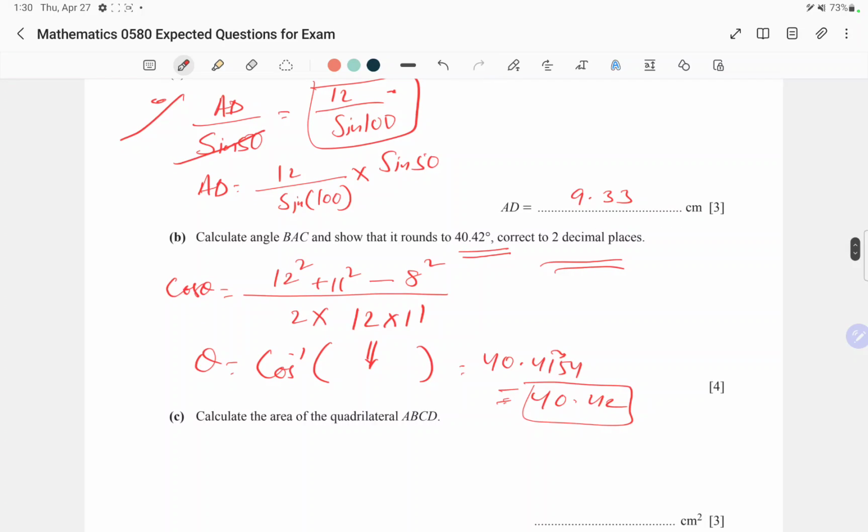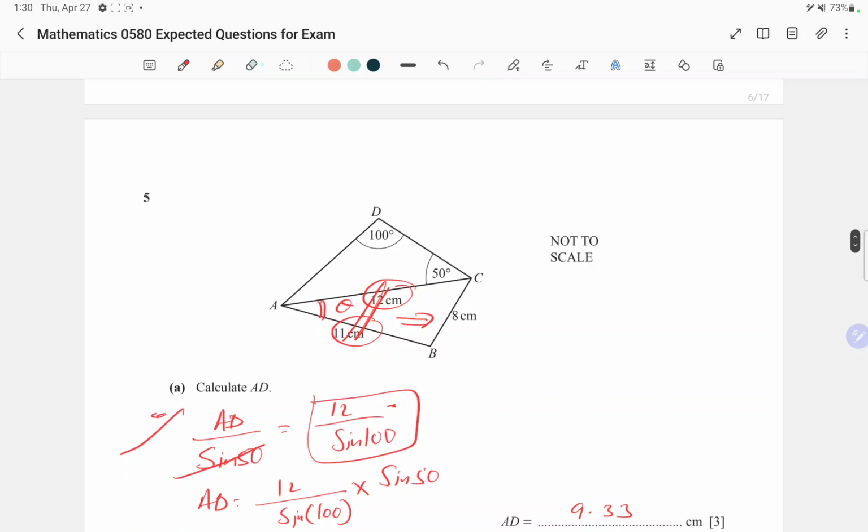No problem. Calculate the area of the quadrilateral ABCD. Now we need to find the area of the quadrilateral ABCD. So we can find this area easily, and we can find this area and add.